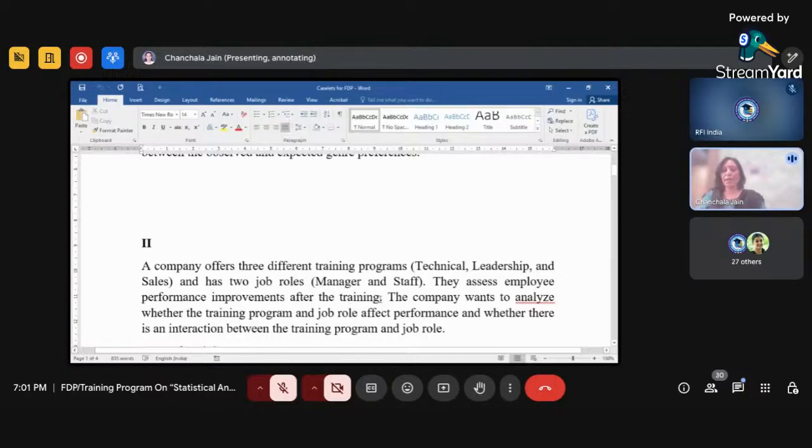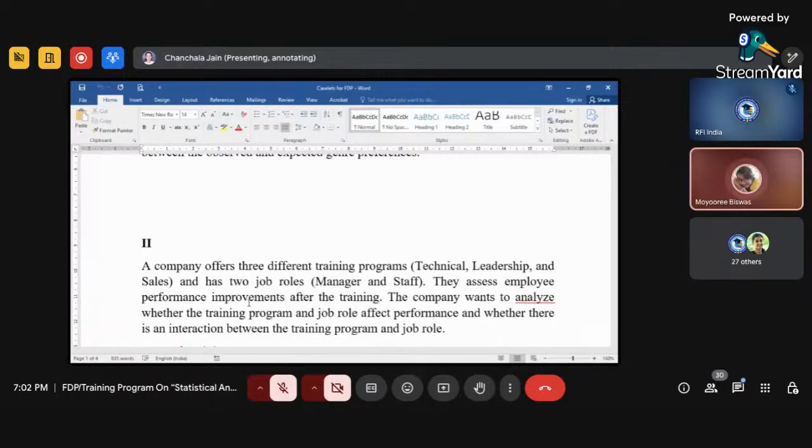The company wants to analyze whether the training program and the job role affect the performance and whether there is an interaction effect between the training program and the job role. That means manager category people will go for the training, staff category people will go for the training, and these three different types of training will be provided to them. Then performance will be recorded. For the person who has taken technical training belonging to the manager category, what is the performance value, right?